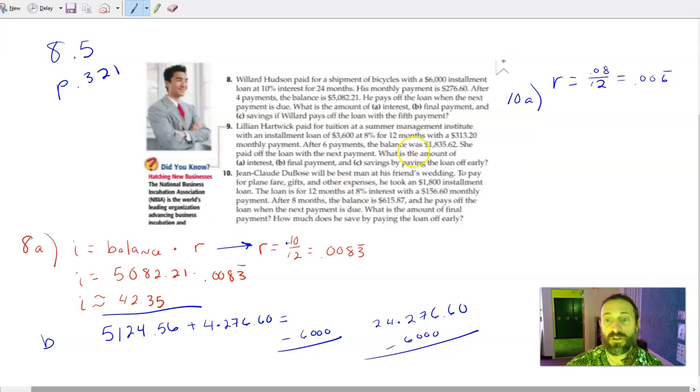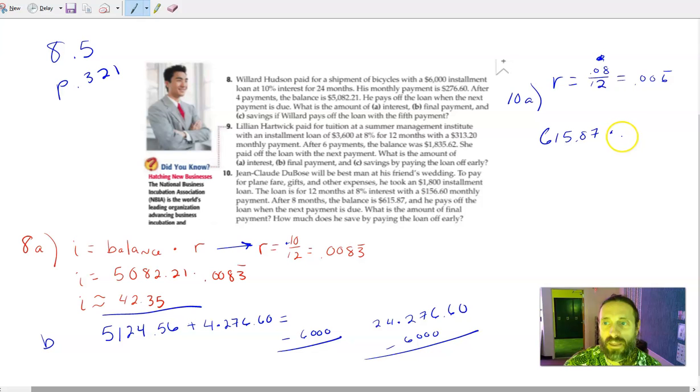Similar situation on problem number 10. Again, the first thing you need to do is figure out the rate. The rate is 8% annually, so that means 0.08 divided by 12 is 0.006 repeated, and just leave that number in your calculator. Then it says after 8 months the balance is 615.87.